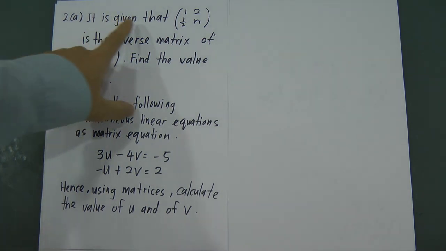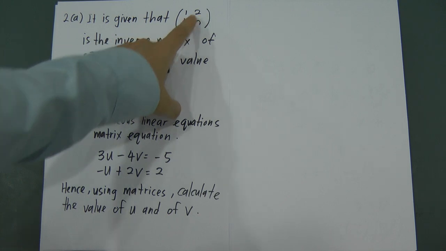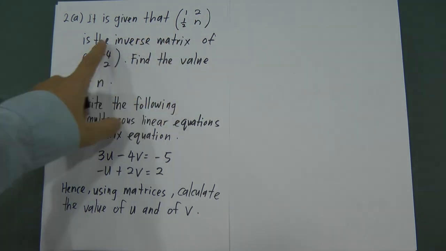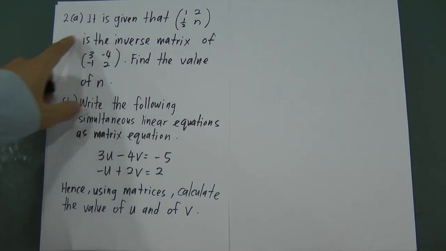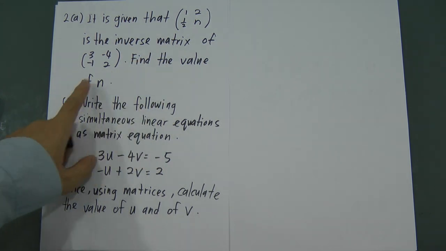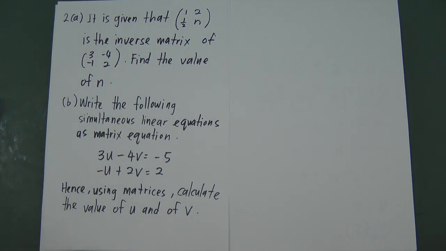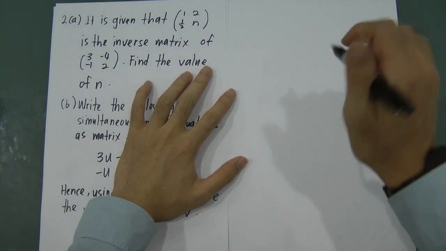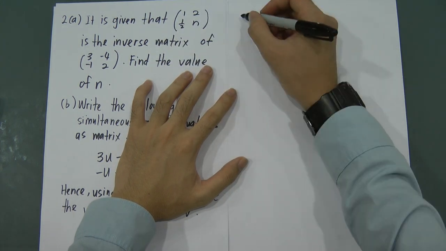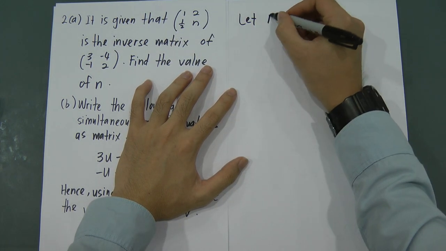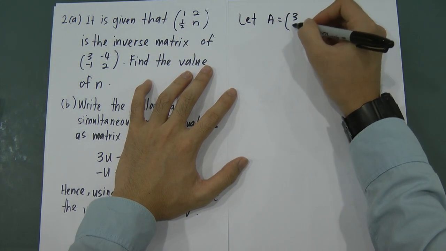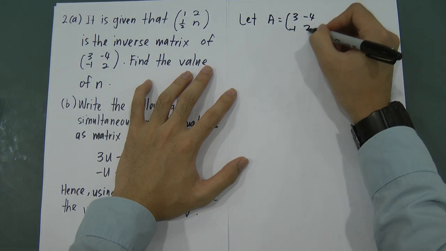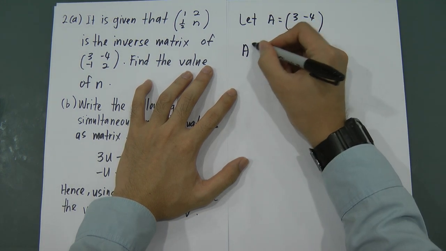It's given that 1 over 2 and n is the inverse of this matrix. Find the value of n. It's very simple. Since this is the inverse of that one, I'm going to find the inverse of it. Let A equal 3, -4, -1 and 2. I want to find A inverse.